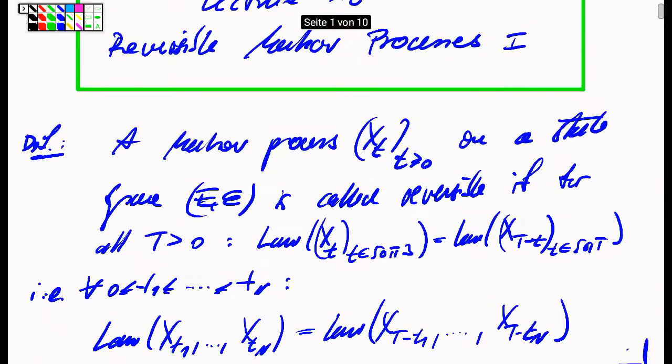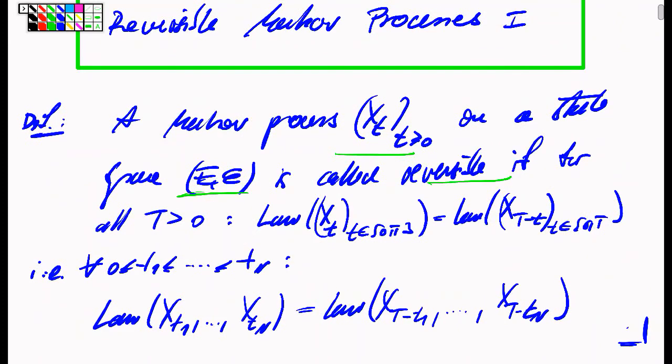And the basic definition that will be our starting point is the following, namely, let X_t be a Markov process in continuous time on a general state space. Then this Markov process is called reversible if for any fixed time, capital T, the law of the process, when restricted to time in the interval from 0 to capital T, is the same as the law of the process which is obtained by running backwards in time.